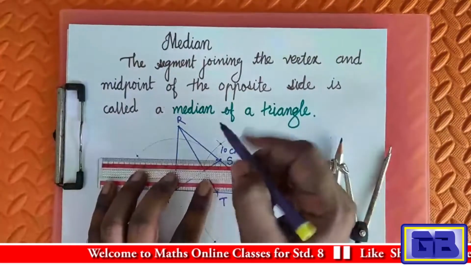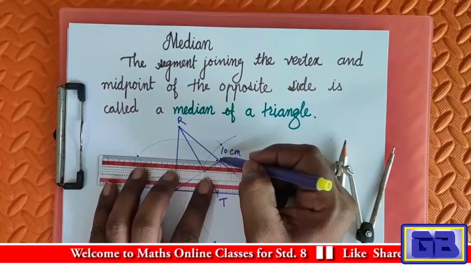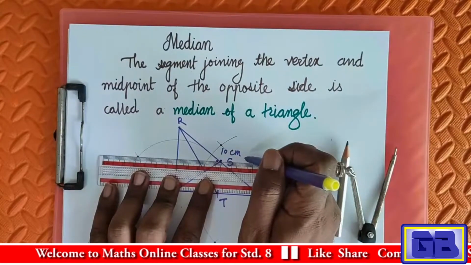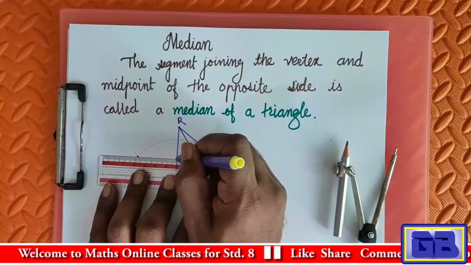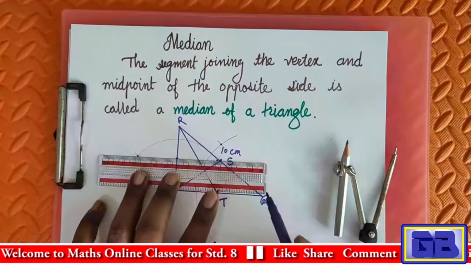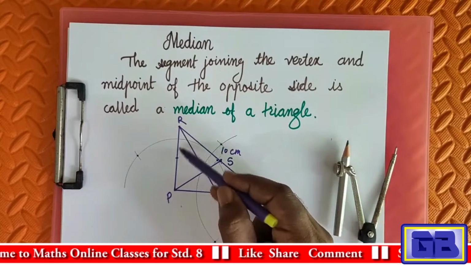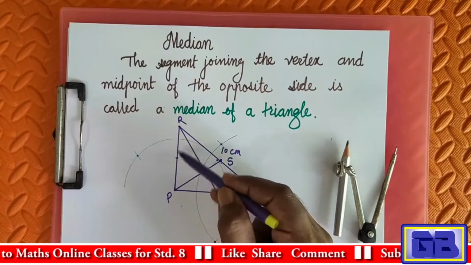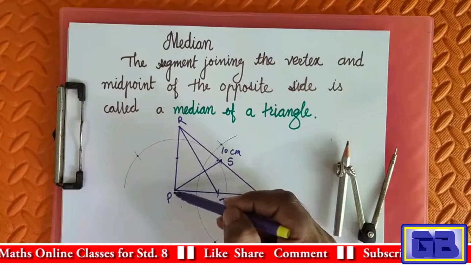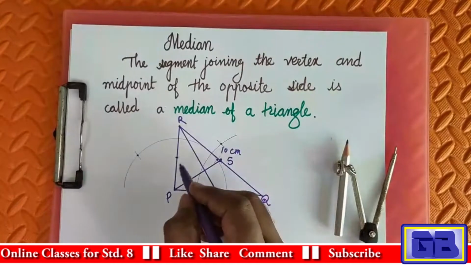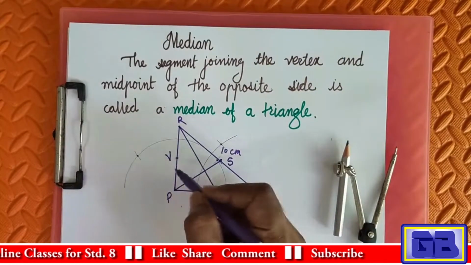Either we can draw a full line, or here you can take a small point. Now we have bisected side PR into 2 equal parts. I will give it the name V.